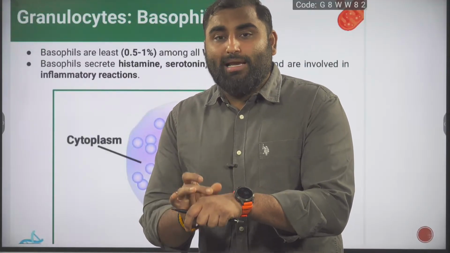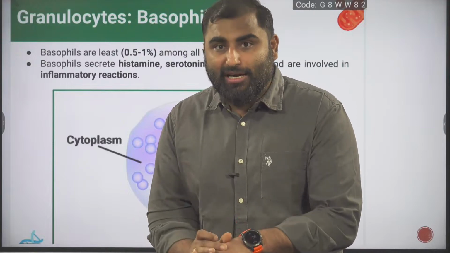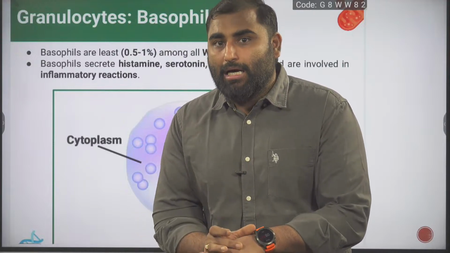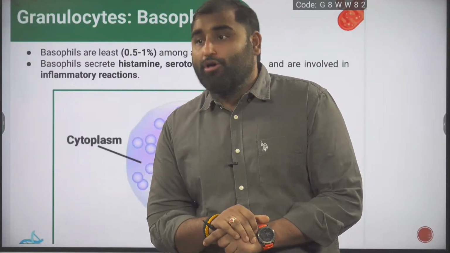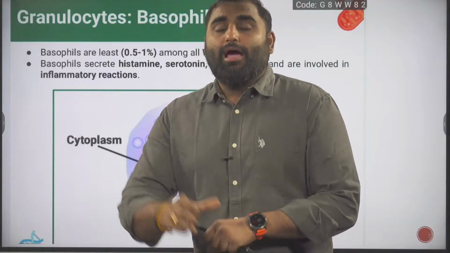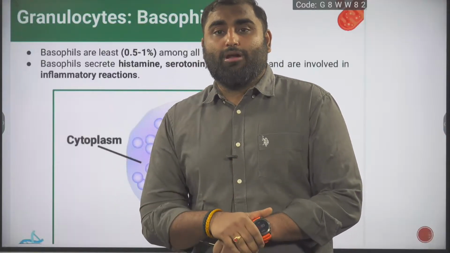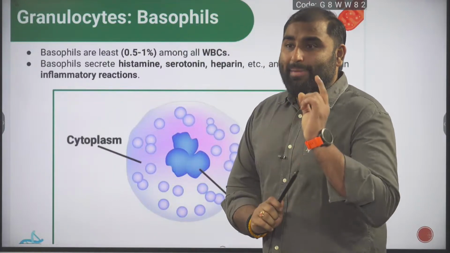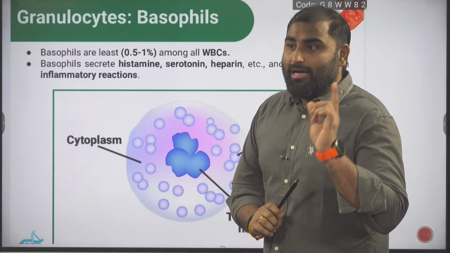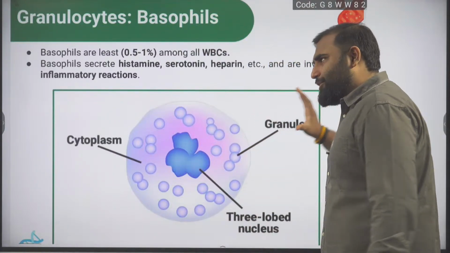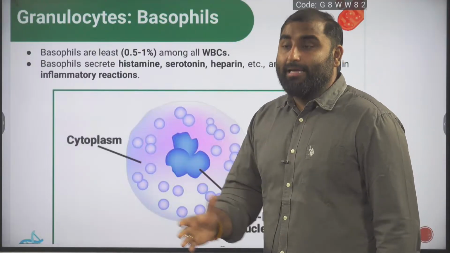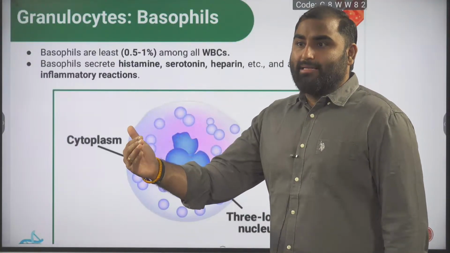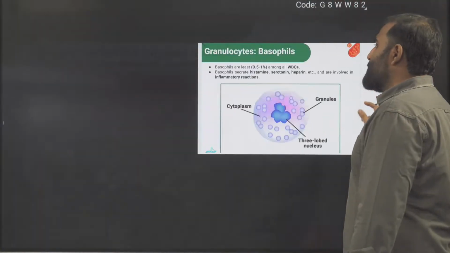The redness, swelling and pain in a particular injured or infected area is called inflammation. And which WBC is responsible for inflammation? Basophils. So anywhere in your body, inside or outside, where an inflammatory reaction is happening, basophils will be responsible.